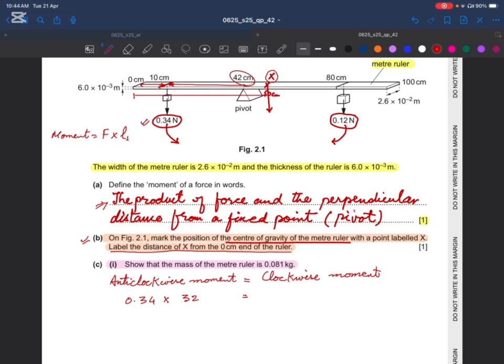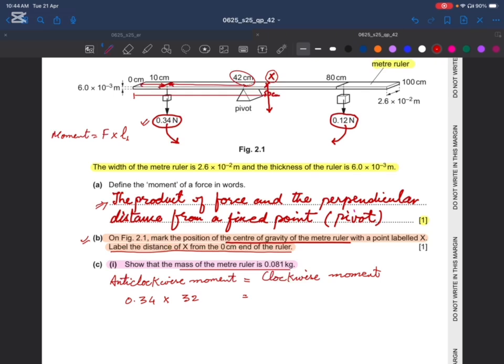As far as the clockwise moment is concerned, now you have two weights. One weight is the weight of the ruler itself, which you have to find out. Here you need to find out the mass, but the force is not mass, the force is weight. So be careful of this fact.